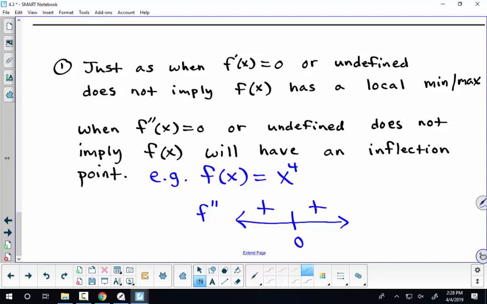So there wouldn't be an inflection point there if the second derivative didn't change signs.